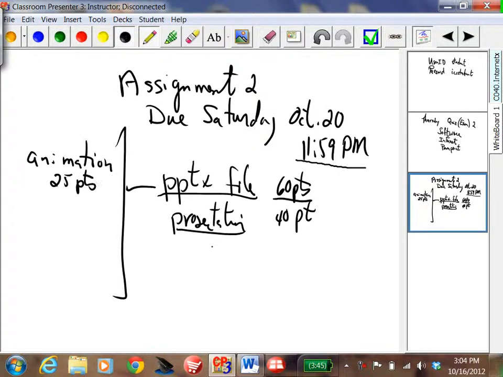Then, I guess we're looking for a good style, and that's going to be 15 points again. We're going to see if the amount of text is proper. That is, you don't have a whole bunch of text that nobody can read, okay? So I guess sparsity of text.